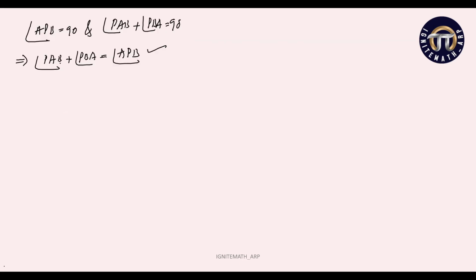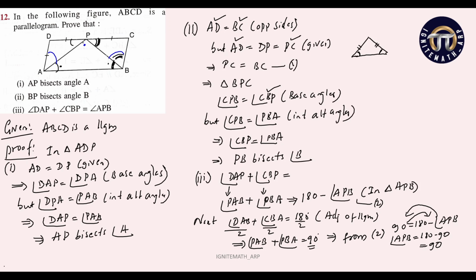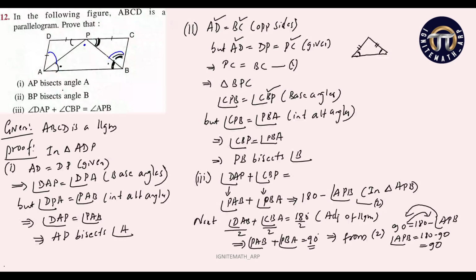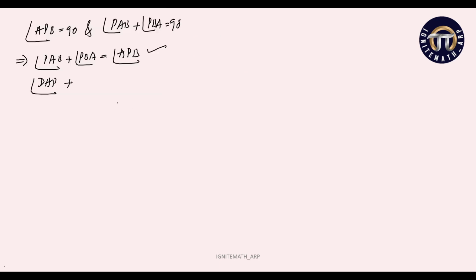So can I say PAB is the same as DAP? So I'll replace PAB as DAP plus PBA. Clear? It is the same as CBP. Correct, children? So I'll replace it as DAP plus CBP is equal to angle APB. Hence, this is not the only way, children. You can prove it in many ways. This is one of the ways. Clear? Is that clear? Yes.